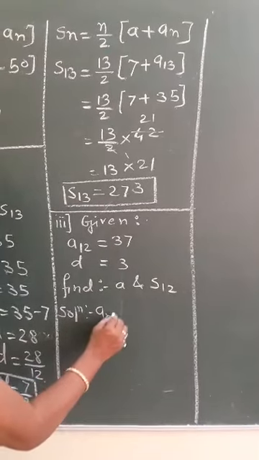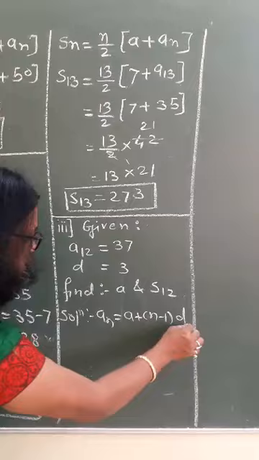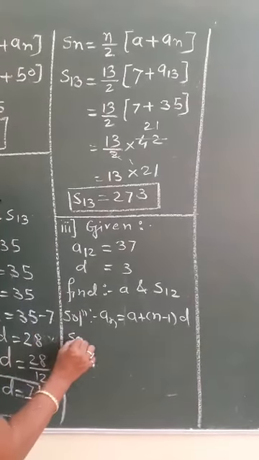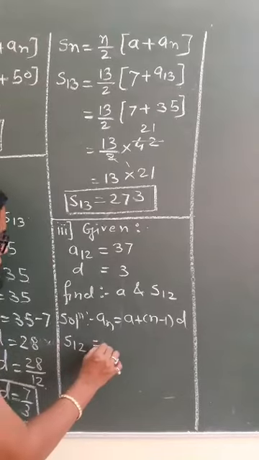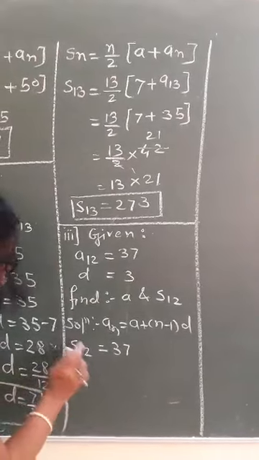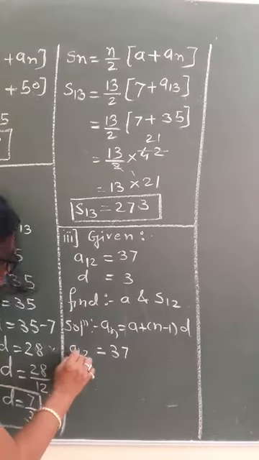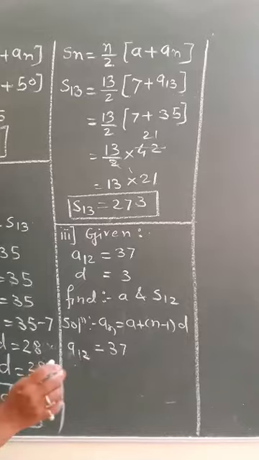That is an is equal to a plus n minus 1 into d. Here we are going to write a12 is equal to 37. Sorry, a12, very sorry. What is the formula for a12?